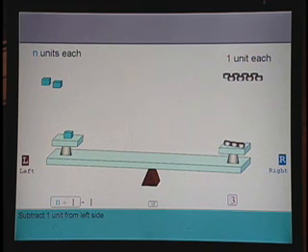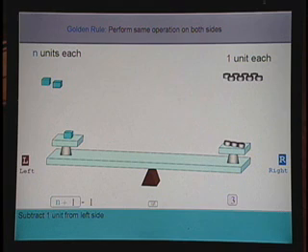And it is the time to put our golden rule. Perform the same operation on both sides. You remember our golden rule? Our golden rule said whatever operation you are putting on one side of the balance, you have to perform the same operation on the second side. So what we did here, we subtracted 1 unit from the left hand side.